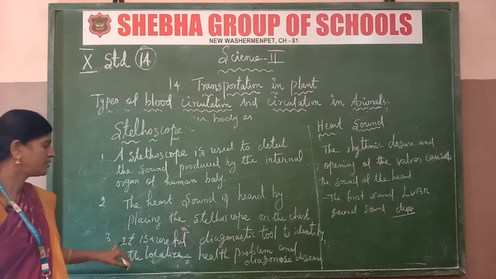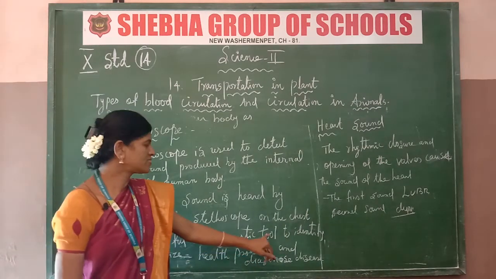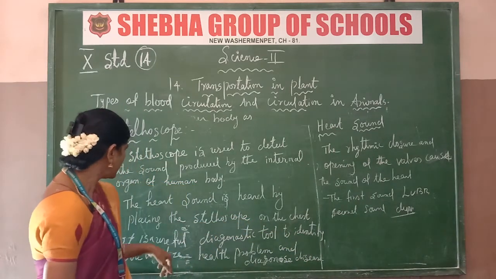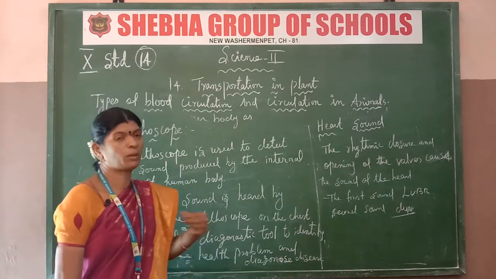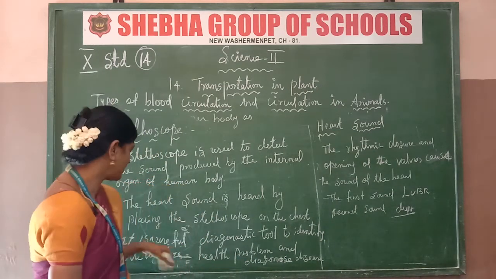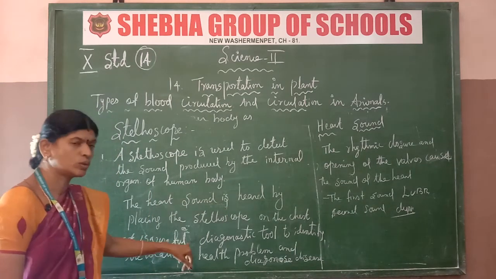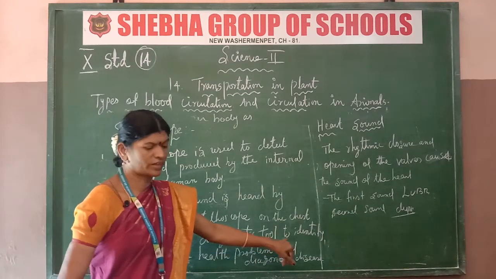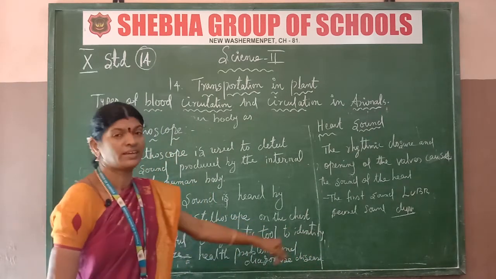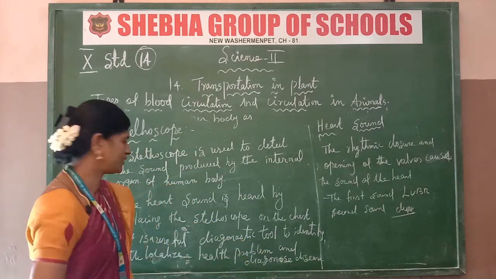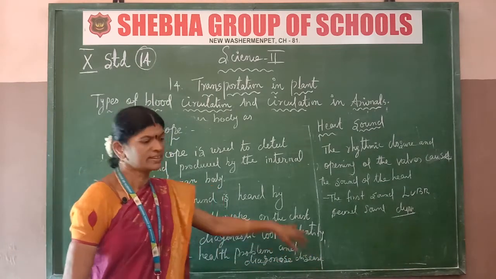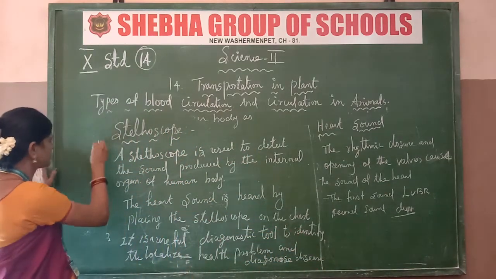Next, it is a useful diagnostic tool to localize the health problem and diagnose the disease. The last one, listen carefully. It is a useful diagnostic tool to identify what disease should be diagnosed. So these are the important points of the stethoscope.